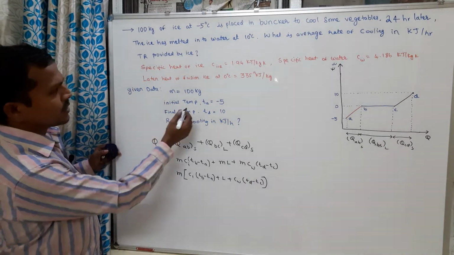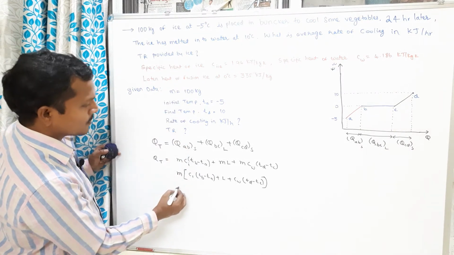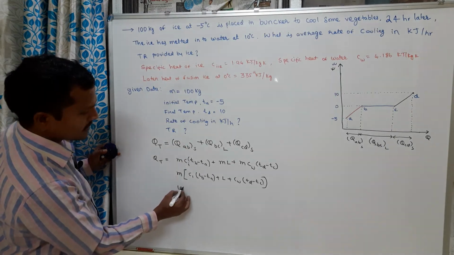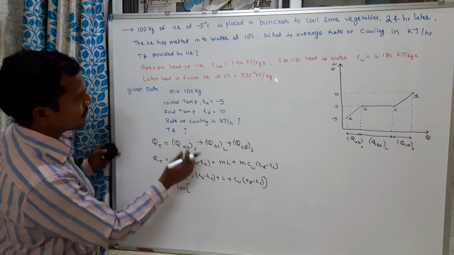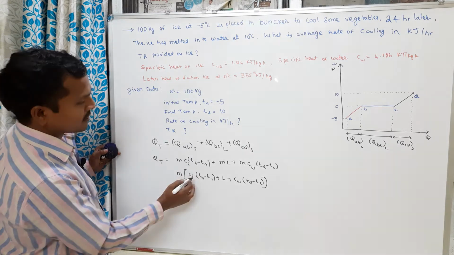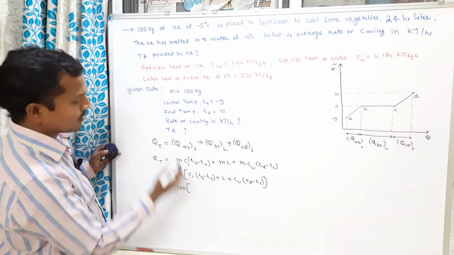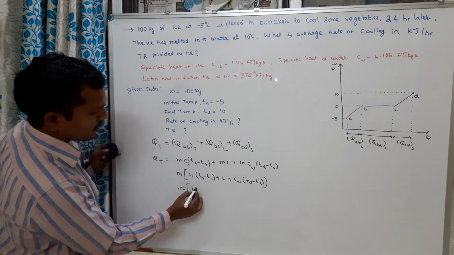So we know the mass of the ice is 100 kg. C1, the specific heat of ice, is equal to 1.94.